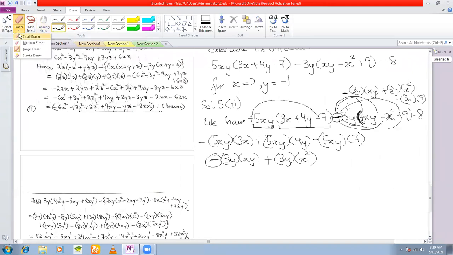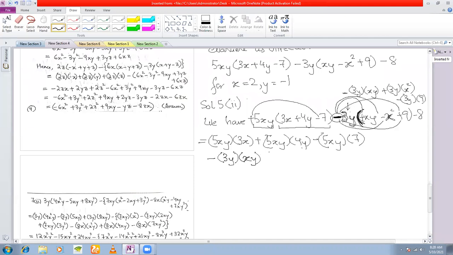See that, let me just do this once more. See that I have a 3y with a minus sign outside this bracket, right? So what I'm doing, I'm going to open the bracket. When I'm multiplying, I'm opening the brackets. So I'll give a minus sign, 3y into xy.